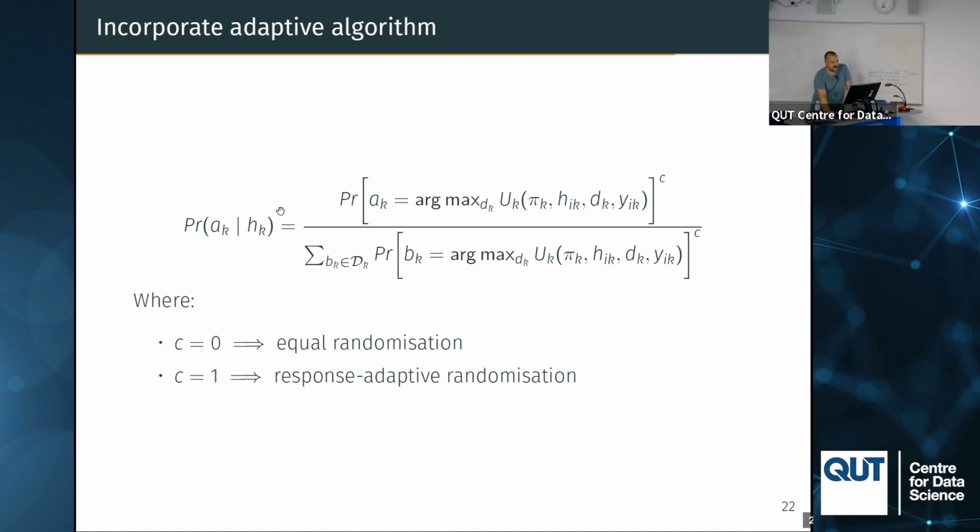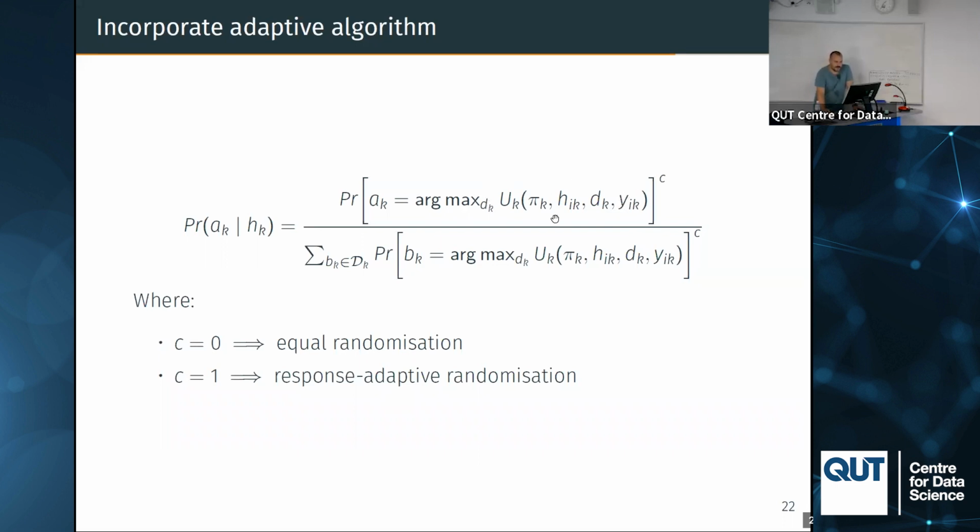So here we're saying the probability of receiving treatment A sub k is just the probability that treatment maximises the posterior expected utility.